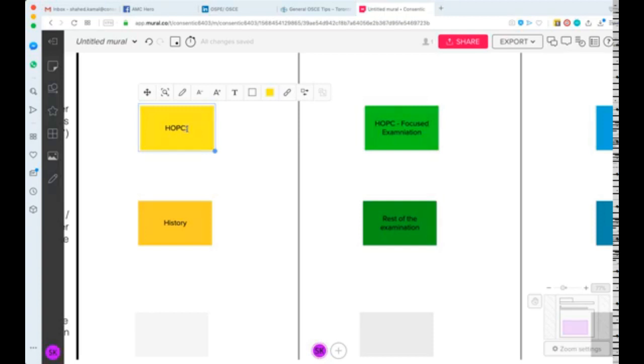I'm going to break that out. It's a big part of OSCE, and it helps to think of it separately. The biggest thing with this is structure. There are reasons for it.